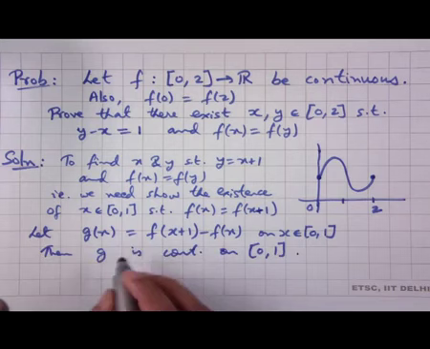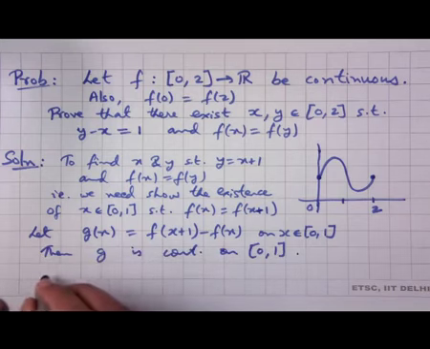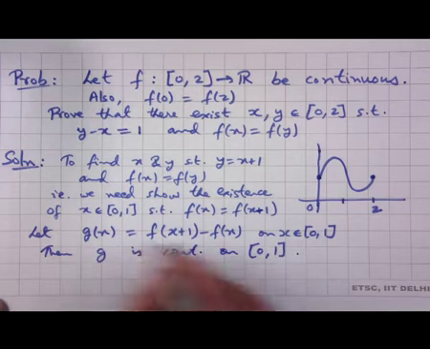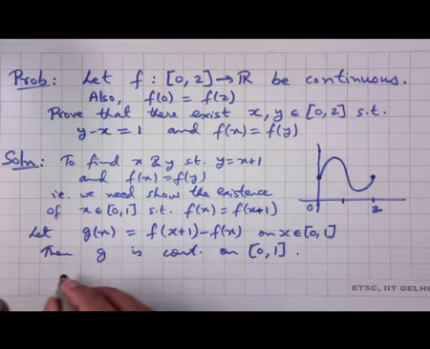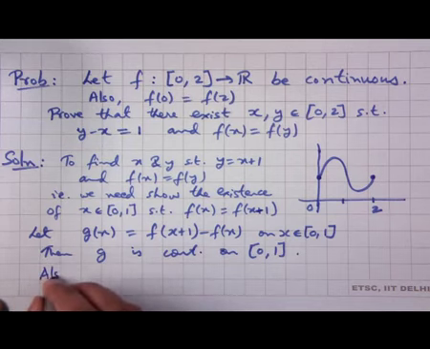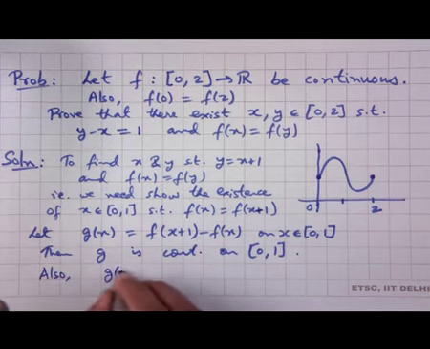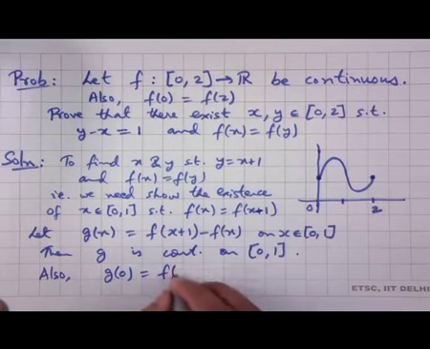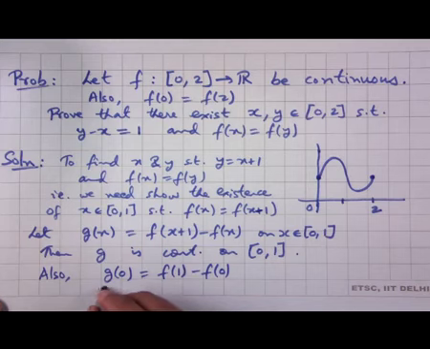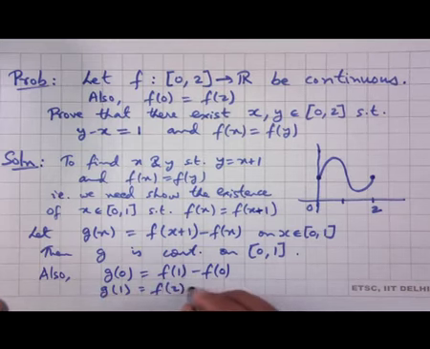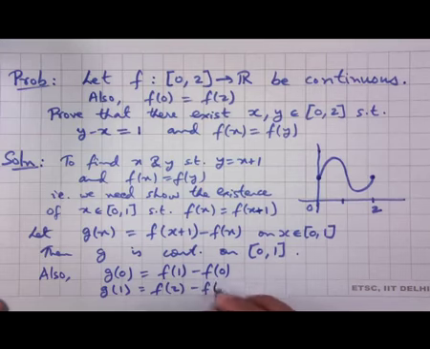Also, what is the value at the end point? What we have to show is that g is 0 at some point. So, we find the value at the end points. g of 0 will give me f of 1 minus f of 0 and g of 1 is equal to f of 2 minus f of 1.